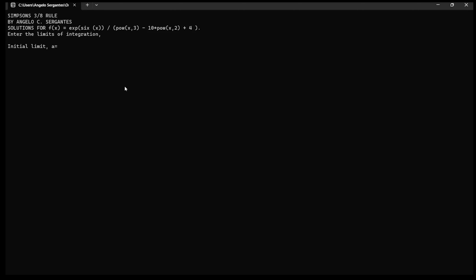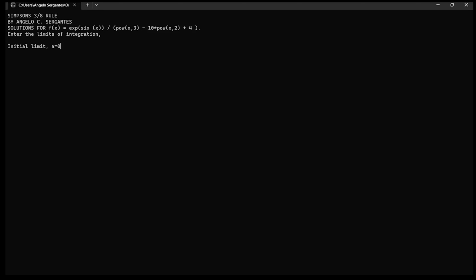For the Simpson's 3/8 rule calculator, the program specifies the solution for the function e raised to sine x over x cubed minus 10x squared plus 4. You first enter the limits of the integration, from 0.15 to 0.45.